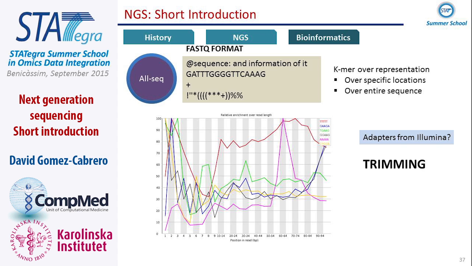Imagine here you have a lot of samples with this overrepresentation of the AAA. Are those k-mers expected? Are those k-mers in the protocol of the Illumina adapters? Then you are not expecting to see them there.